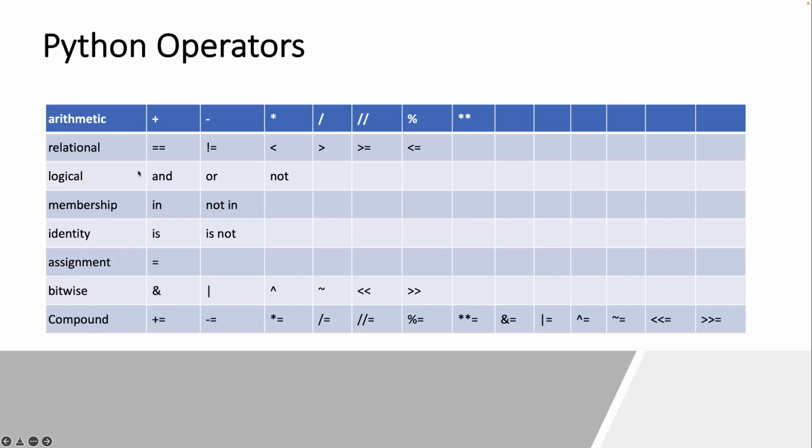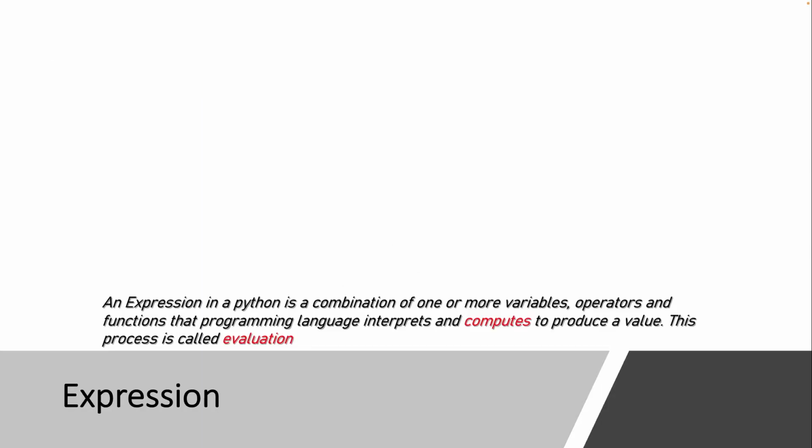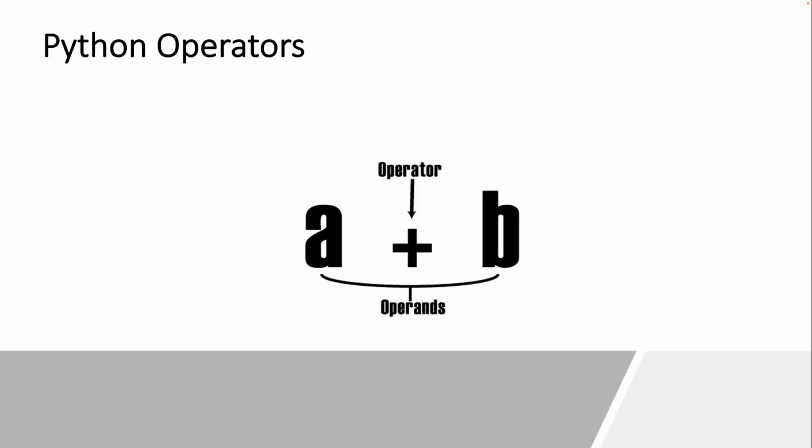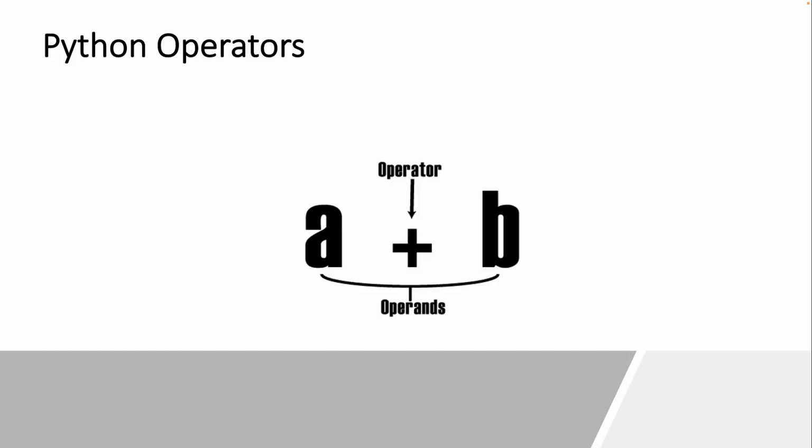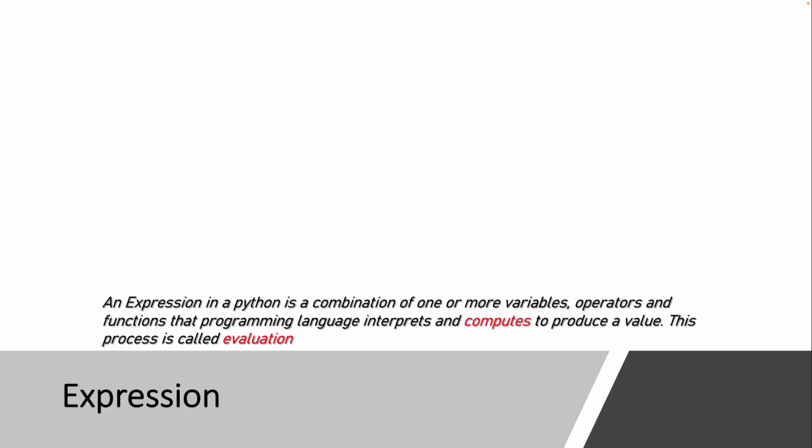Before we go to that, let me show you what you can form by combining these operators. We'll discuss membership and identity in a moment. So we have seen these operators and operands, right? So what can you do with these operators and operands?